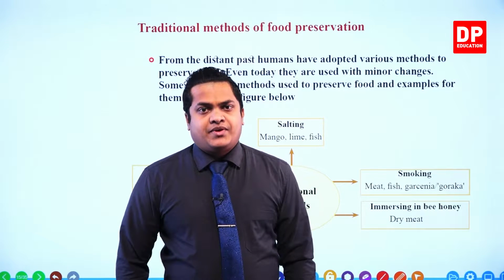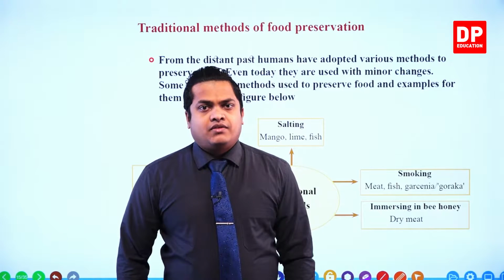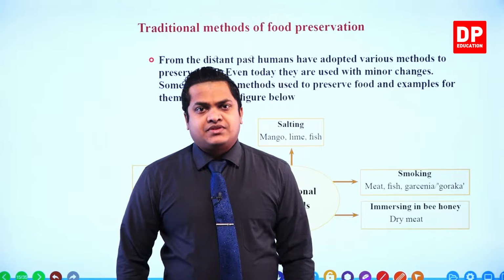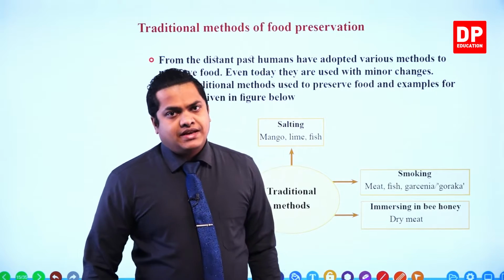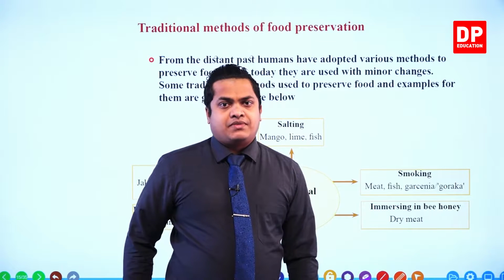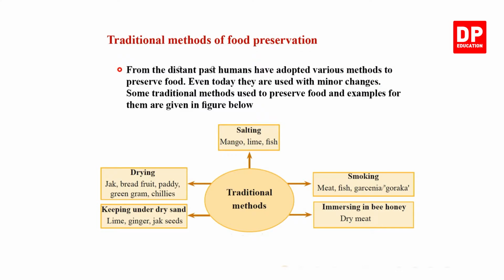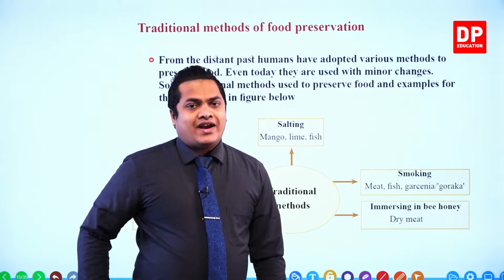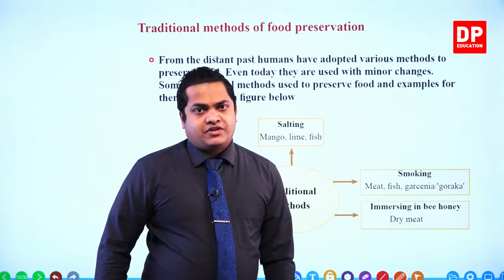Within this chapter, we'll be identifying the preservation types we can use to keep food for a longer time period. Mainly in this lesson we are focusing on traditional methods of food preservation as well as modern methods of food preservation.